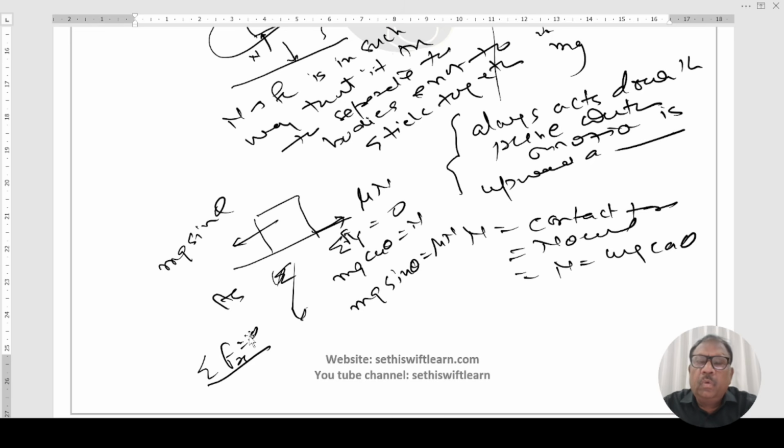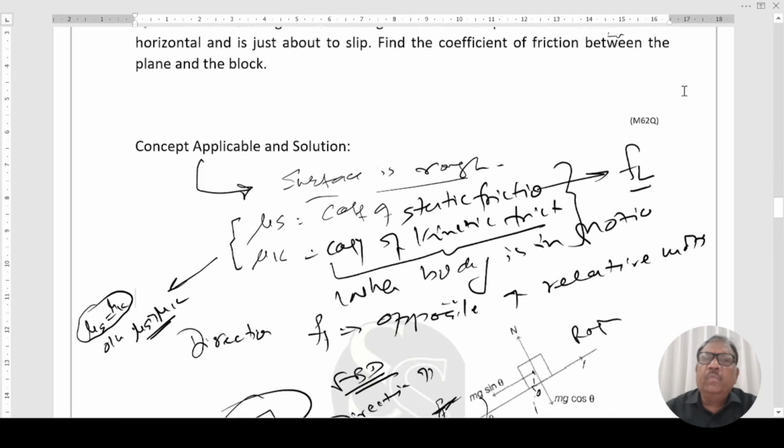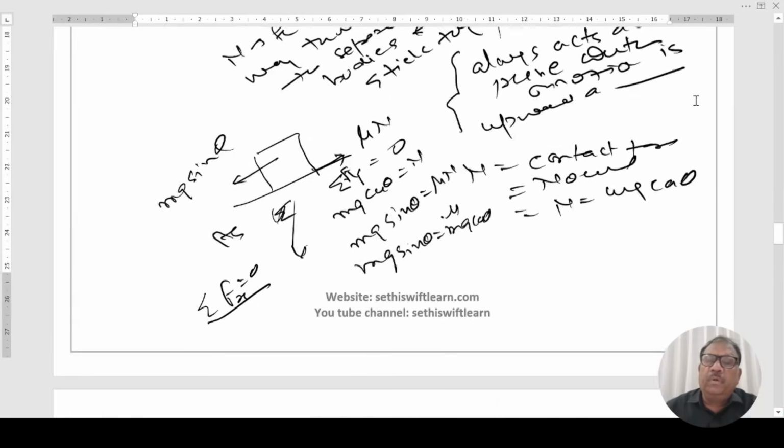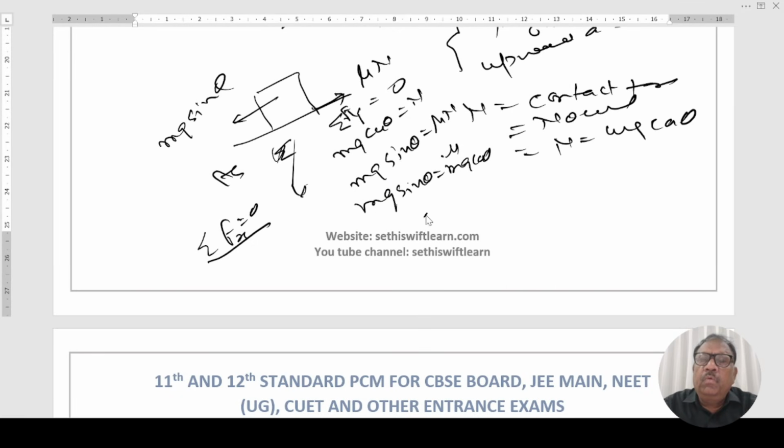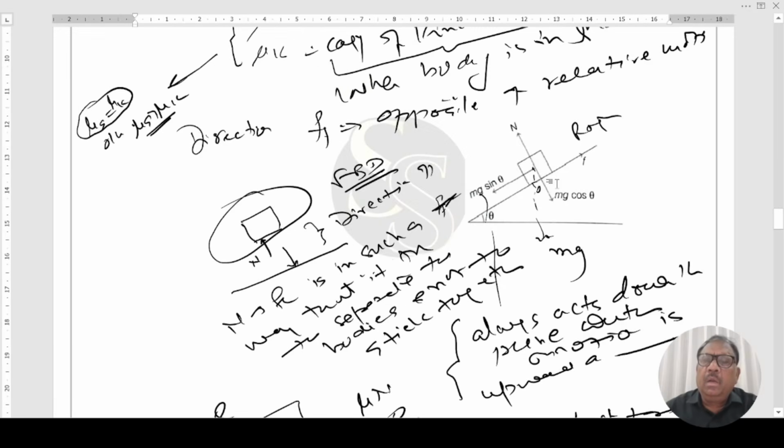Just about to move, then mg sin theta equals mu mg cos theta. We have to find the coefficient of friction, we have to find mu. Mu will equal tan theta. What is the angle?